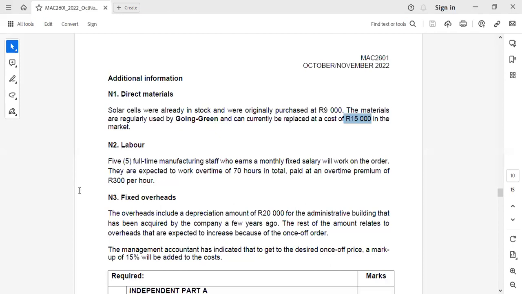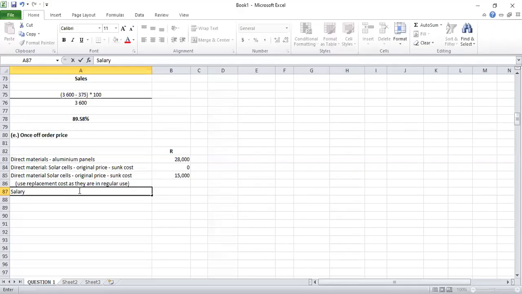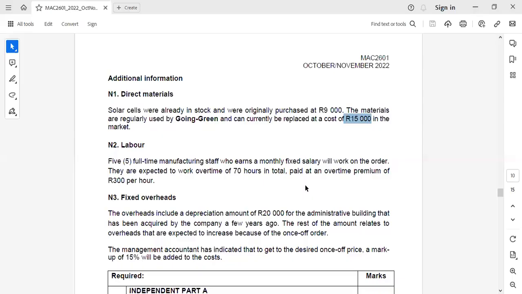Salary, direct labor, committed costs. This is a fixed salary. Whether they work on the special order or not, we'll still pay them this monthly fixed salary. So it doesn't change because of this special order. So we call it a committed cost, which will not be included in the relevant cost.